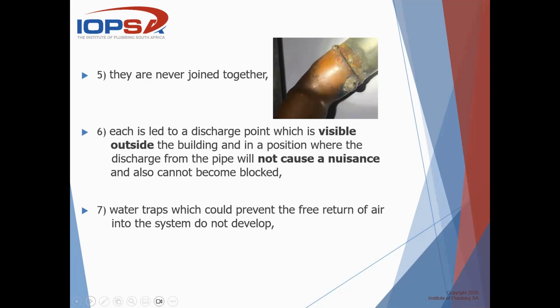You need to look out that there aren't traps in the discharge pipe, because they're not good, and they don't keep the system dry. A free return of air is important, because it keeps that pipe dry, so that when it's really needed for the TP to open up and discharge, it doesn't have to go through a trap or a section where water has been trapped. It's almost like it's blocking the pipe to a degree.